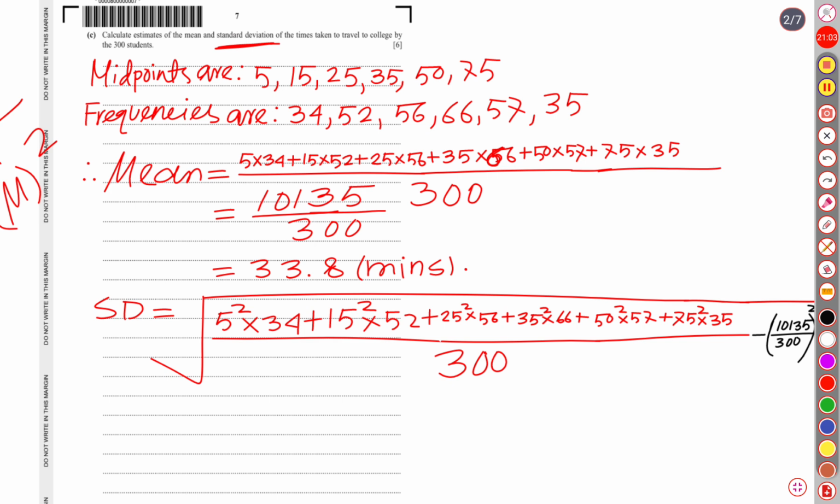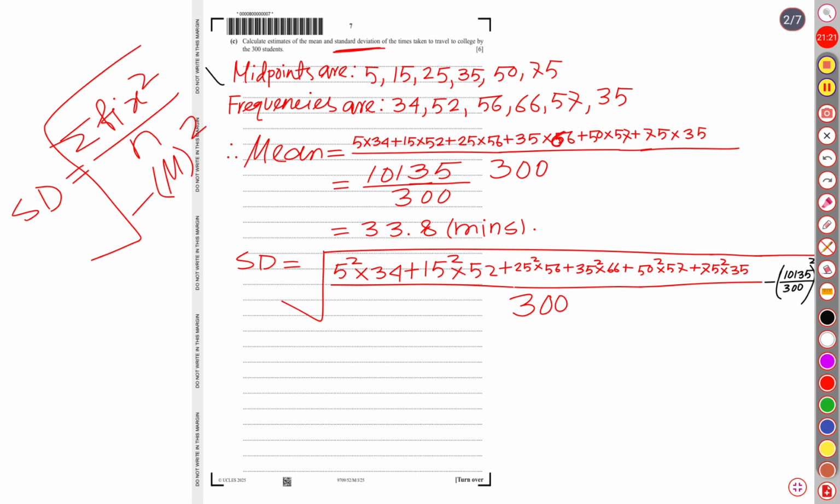So what was our variance? The sum of f x squared, meaning each midpoint squared into its individual frequency, and from that we subtract the square of the mean value.